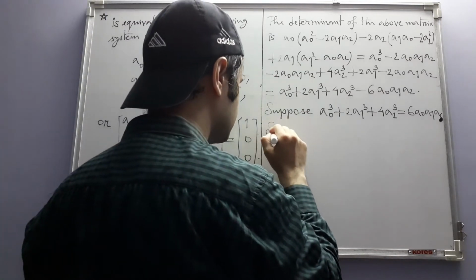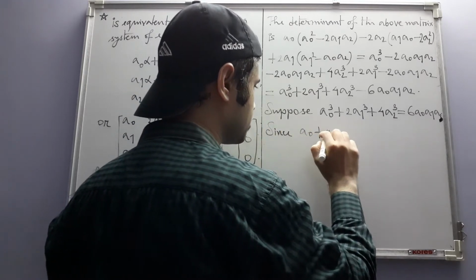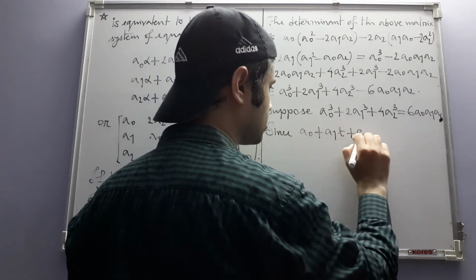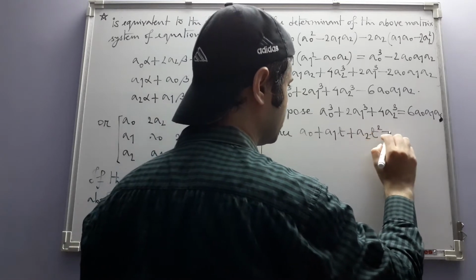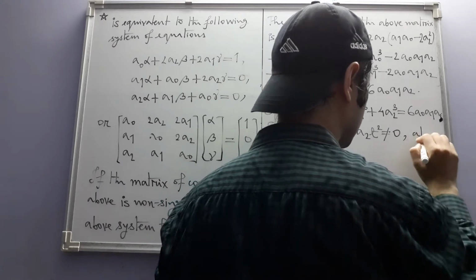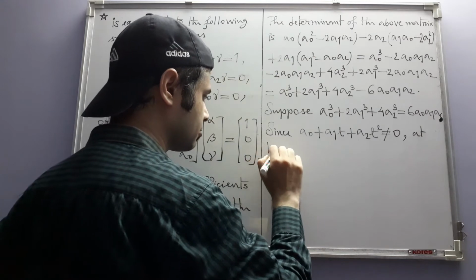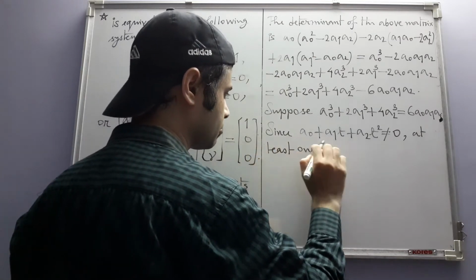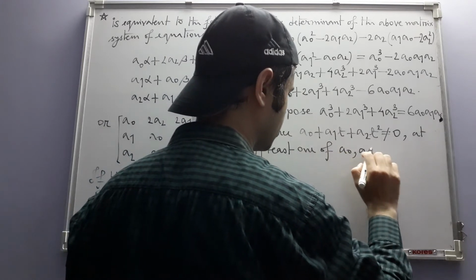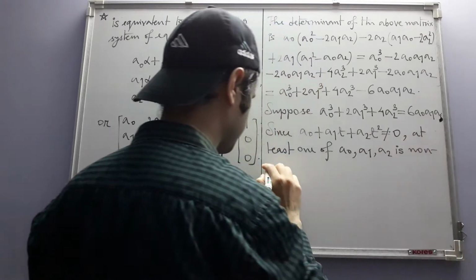So we can write: since a0 plus a1t plus a2 t square is not equal to 0, at least one of a0, a1 or a2 is non-zero.